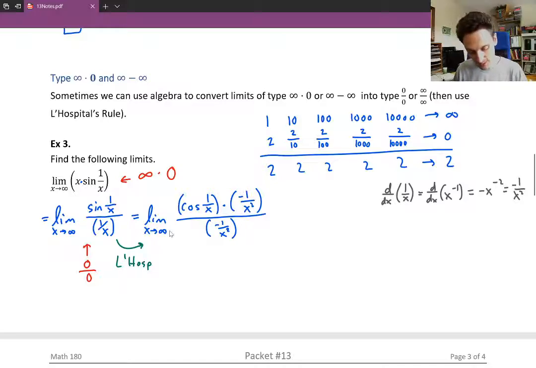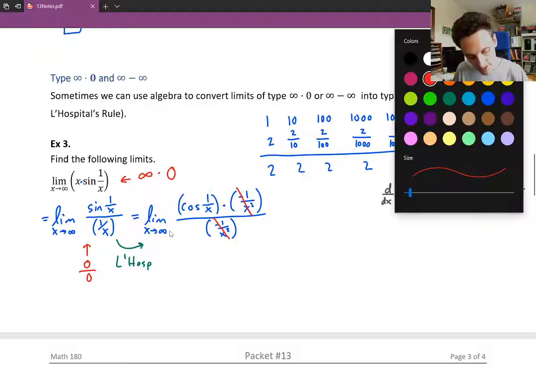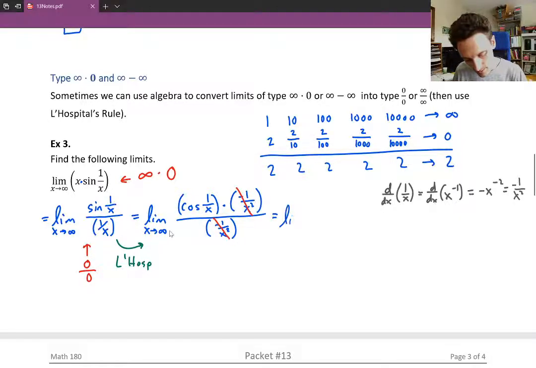The negative 1 over x squareds cancel, and all we have left is the limit as x approaches infinity of cosine of 1 over x. Now, as x approaches infinity, 1 over x is going to approach 0, and cosine of 0 is 1. So this limit evaluates to 1.